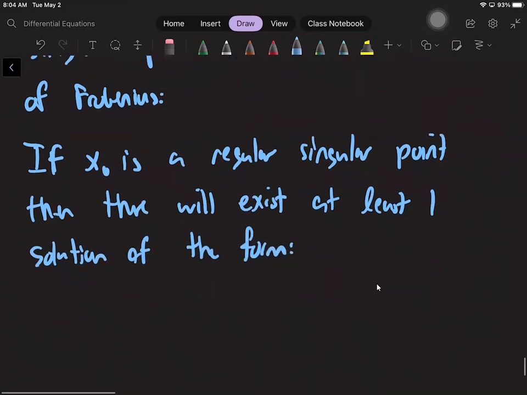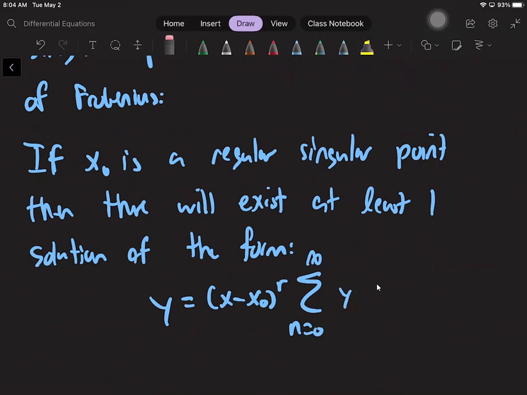So it's going to look like a power series, but multiplied by this extra factor of x to the power r. And once again, we're just going to always be centered at 0, so it's going to be less complicated than this usually.